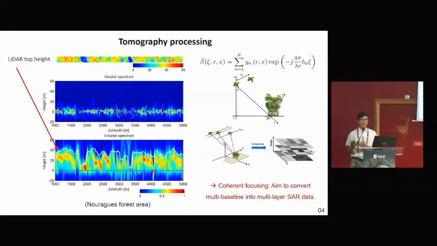We combine HV and VV together in a covariance matrix, and then we decompose it into a sum of Kronecker products, and then we try to synthesize the ground and volume contributions. Mathematically it is just a singular value decomposition, and we keep the two highest values and associate them with the ground and the volume scattering contributions.